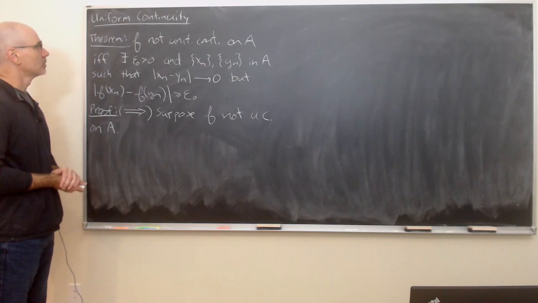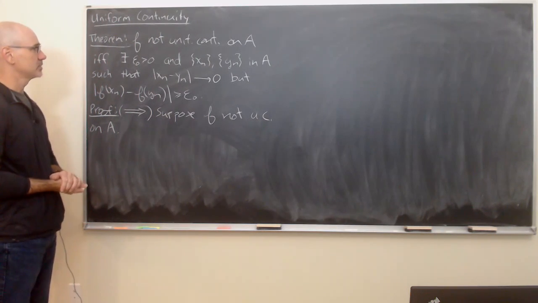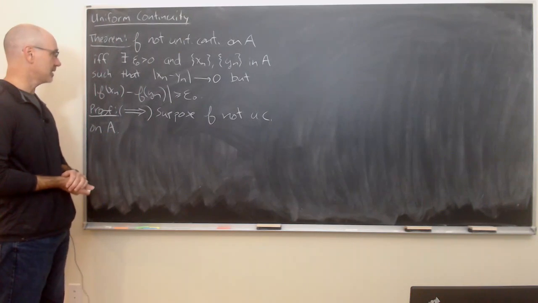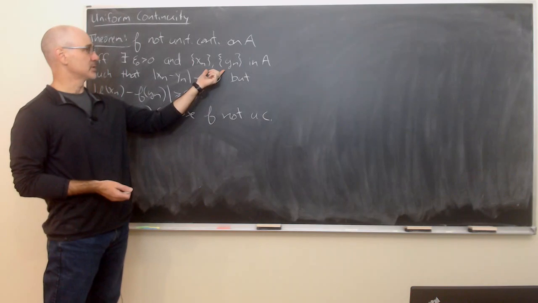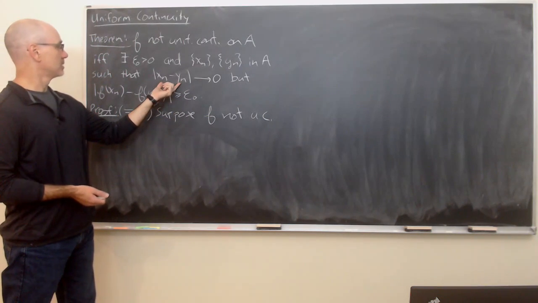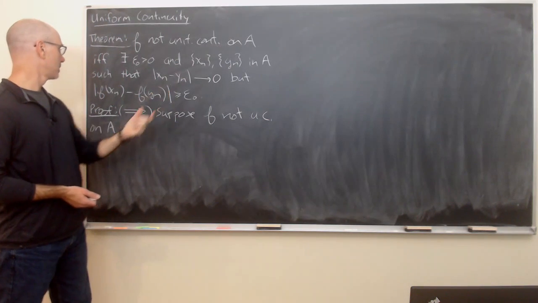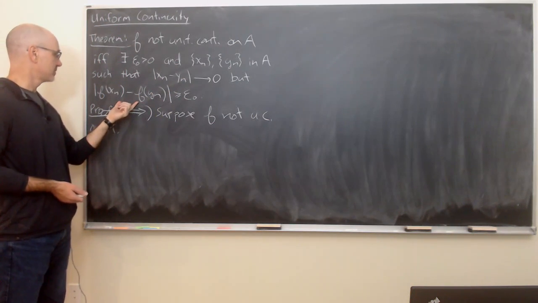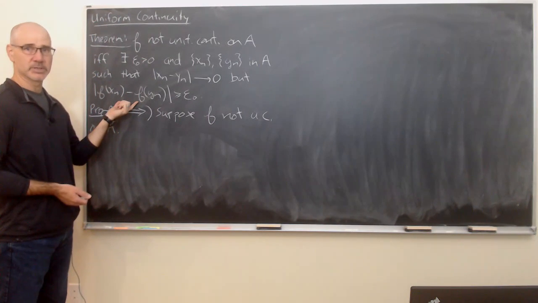So first, let's state the theorem. f is not uniformly continuous on A if and only if there's some epsilon and two sequences in A so that the difference in the sequences converges to 0, but the difference in the function values is always bigger than or equal to this epsilon.